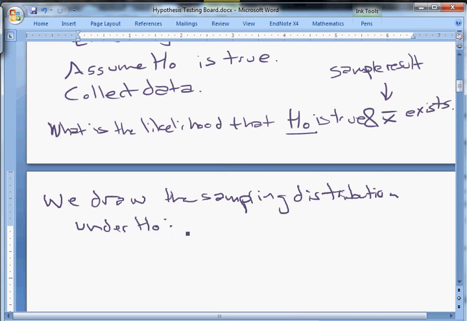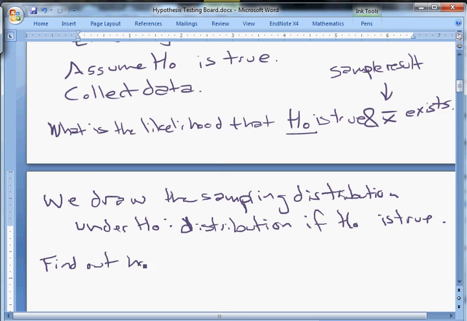So this is the distribution if H0 is true. Then we find out how likely our sample is.